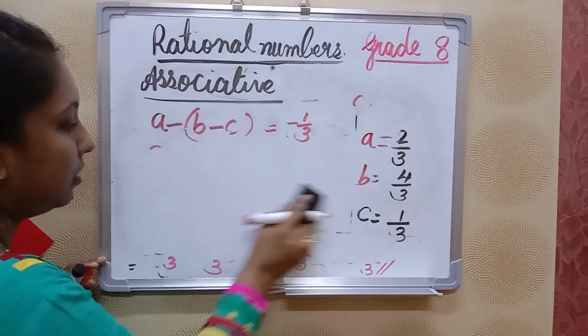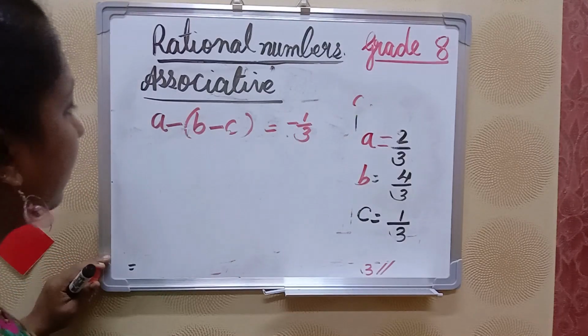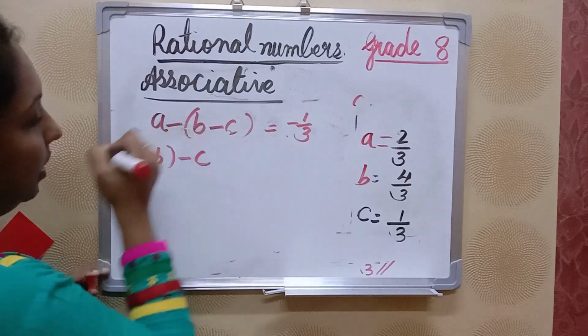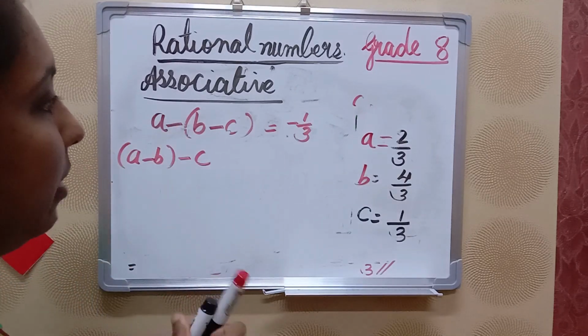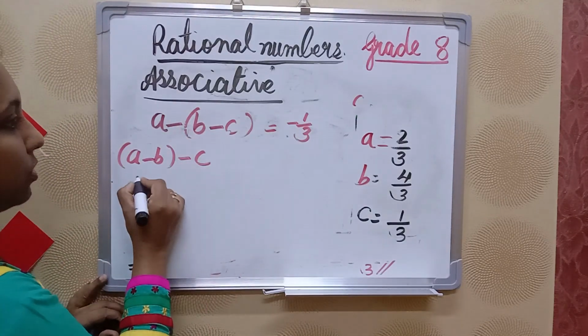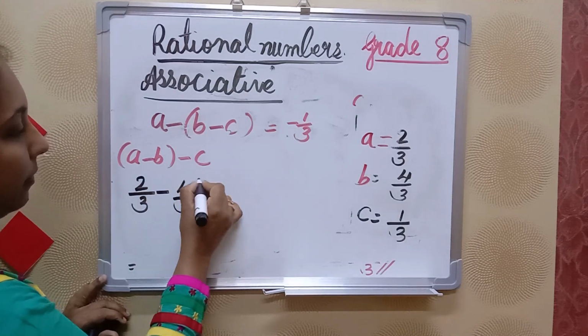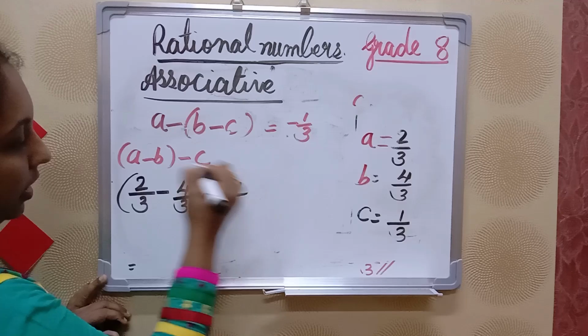Now (a - b) - c we can find. a minus b, that is 2 by 3 minus 4 by 3, then minus c.